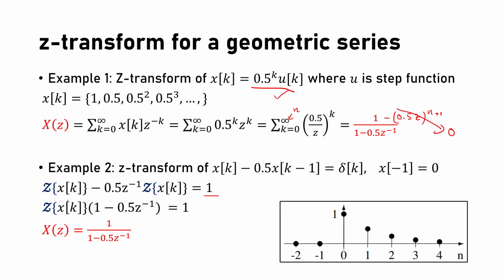You can have the Z transform of h[k], and here the Z transform of this one: 0.5 z to the -1 times the Z transform of h[k], because z to the -1 represents the delay. So here is like a delay or memory at the previous timestamp, previous k. Then finally you get the Z transform of h[k] in terms of this. And if you compare this one and this one, you can see that it's just the same, right?